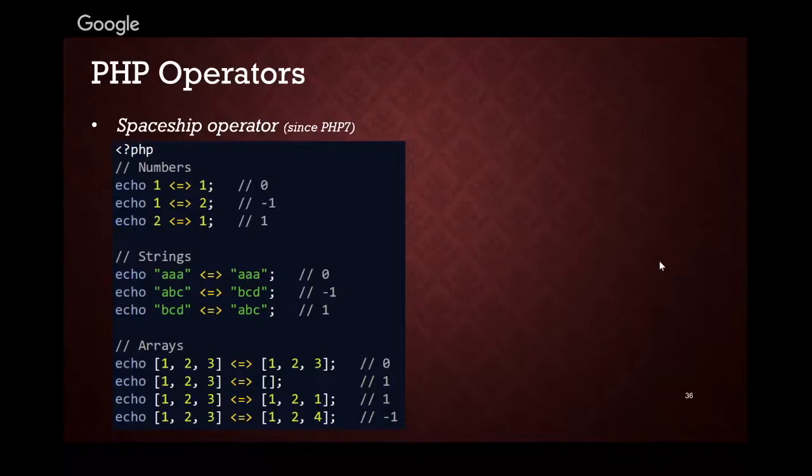Our Boolean system is a two-value Boolean system, which means we only have true and false. But what if we need to know there are three results: larger, smaller, and equal? So we need to use -1, 0, or 1 here. So this operator translates larger, smaller, or equal to 1, -1, and 0.